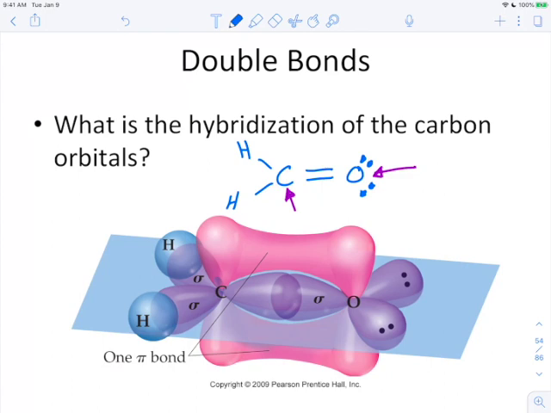When you have an answer for these, go ahead and type these into the chat box. We're looking for the hybridization on the carbon and the hybridization on the oxygen.